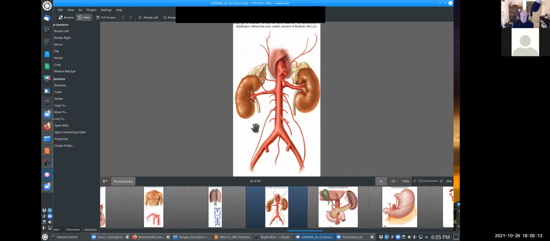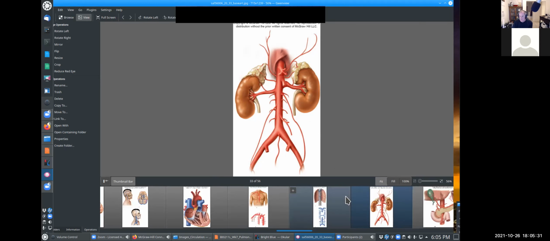Those are the renal, right? Well, renal is up here, but these are running down into the pelvis. So what's in the pelvis? Gonadal arteries. Oh, gonadal, yeah.